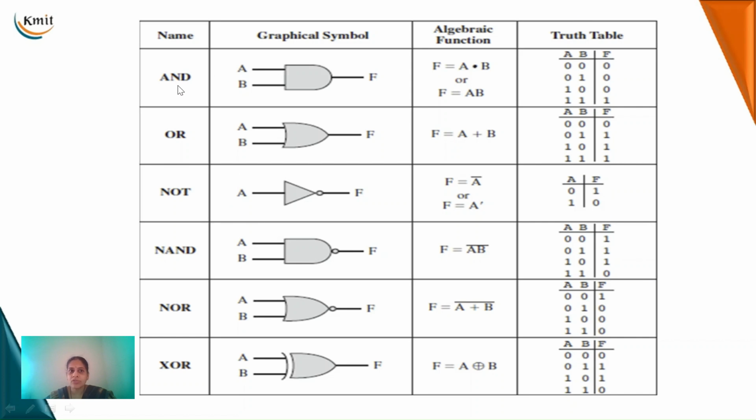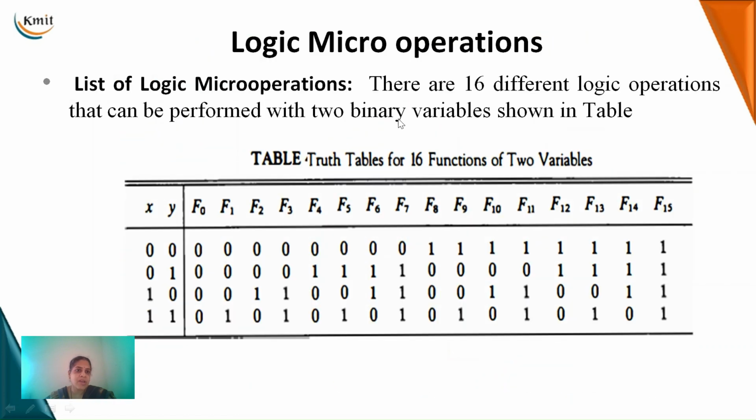If you look at the truth table of AND, it can be represented as A into B or AB. Whenever the values of A and B are 1 1, the result becomes 1. For all the remaining conditions, the result is 0. So this is how the Boolean function is performed.